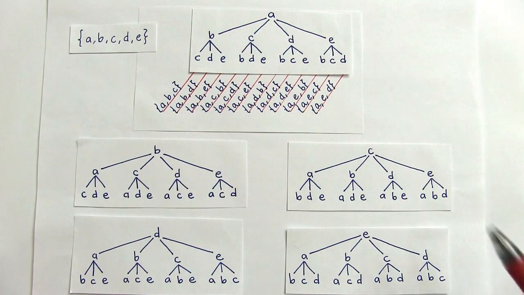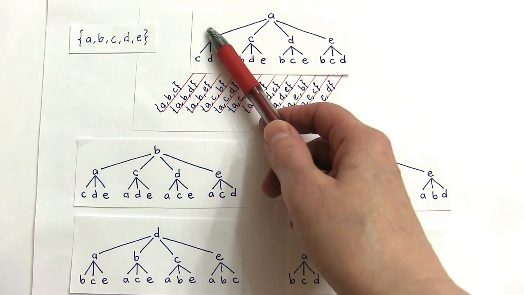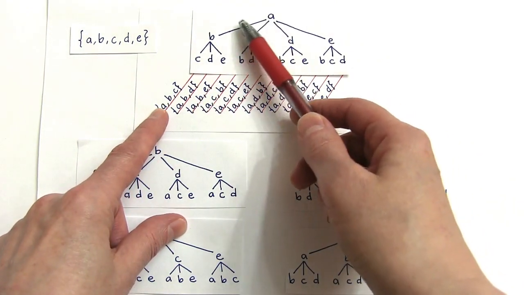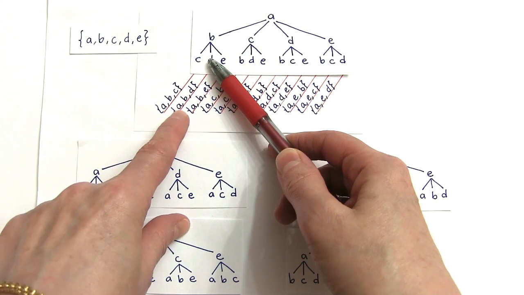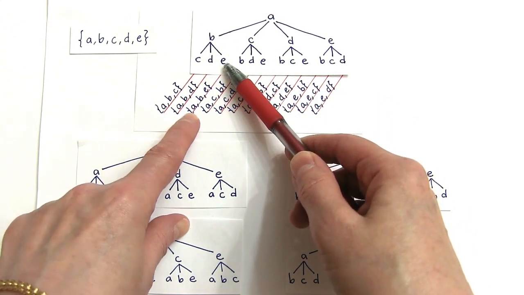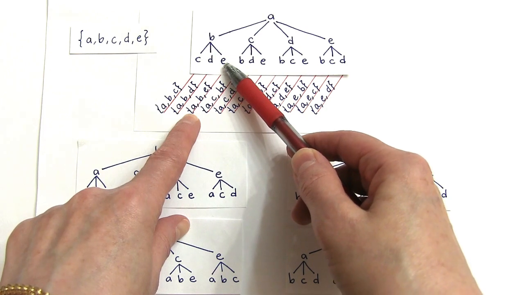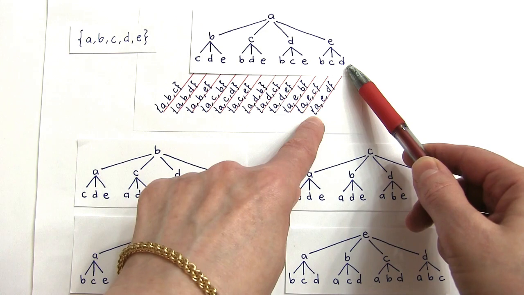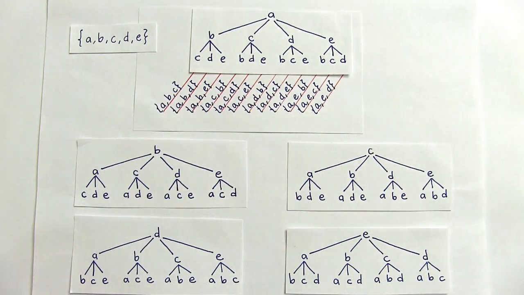For example, A, B, C, A, B, D, A, B, E, or the set A, E, D, and so on.